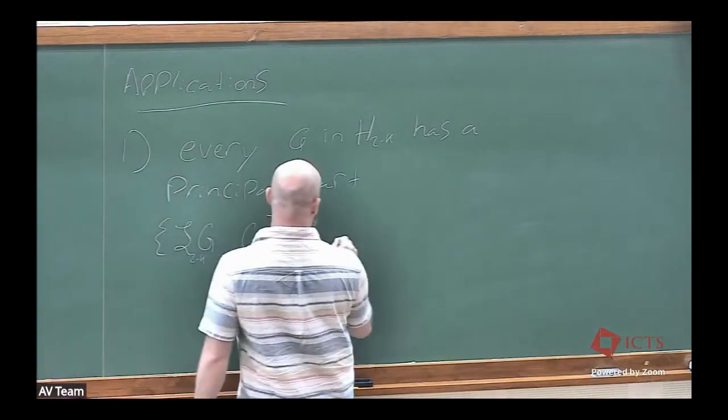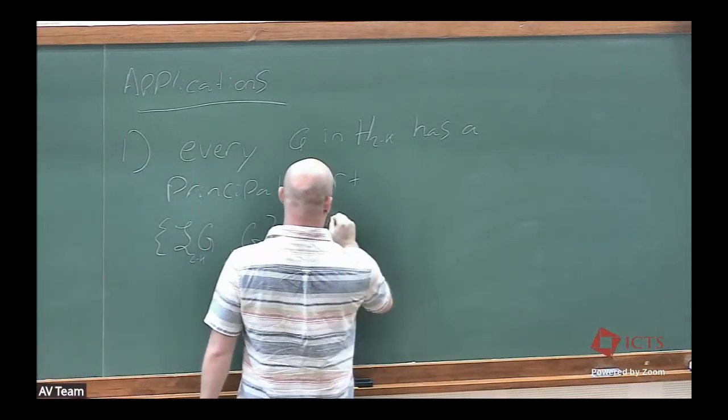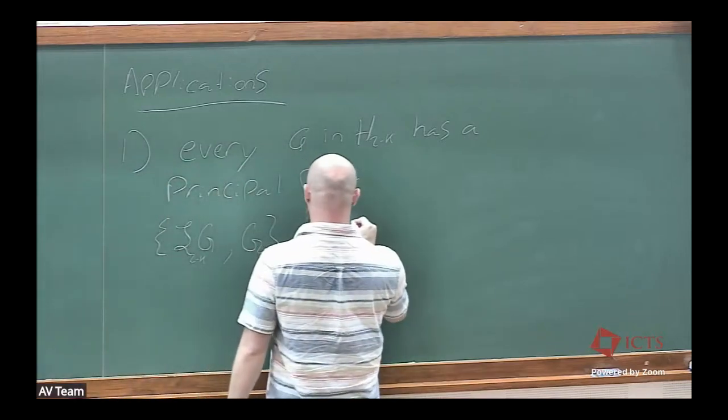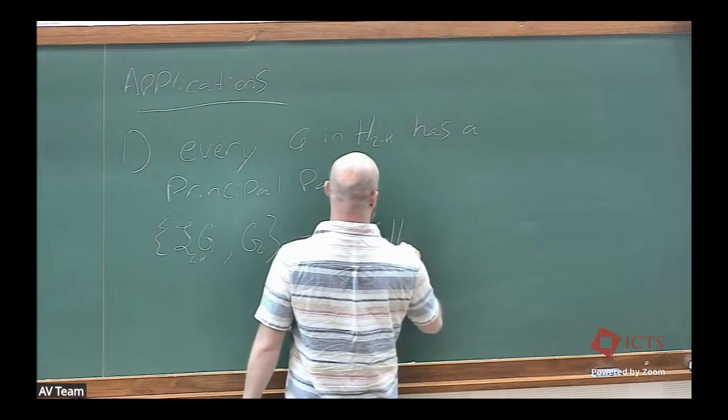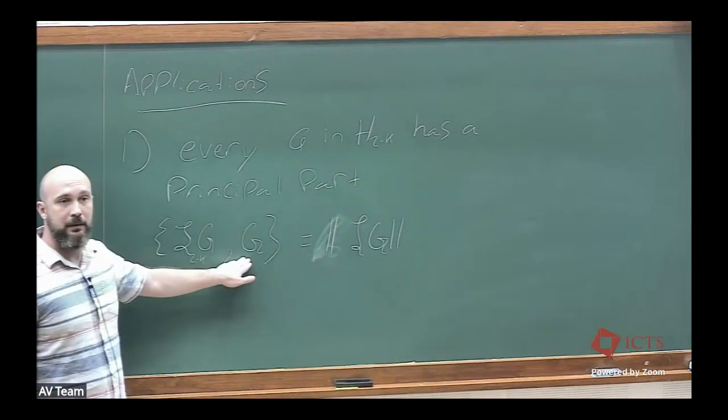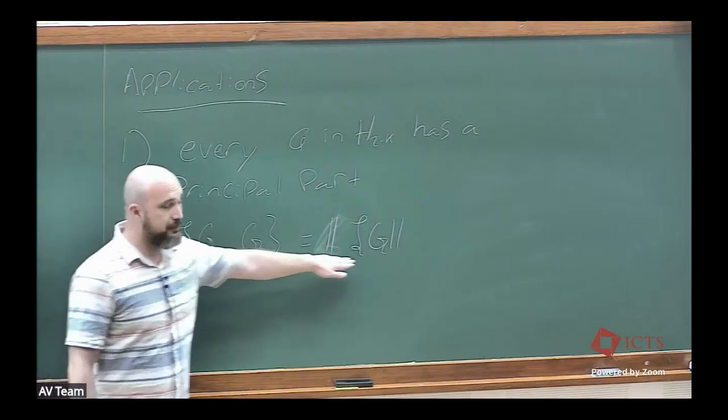Well, this is just going to give us the inner product. I'm just going to write this as, I'll use the Petersson norm of C of G, which is going to be non-zero unless C of G is 0.